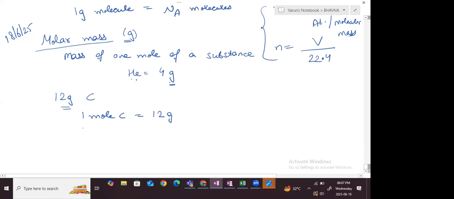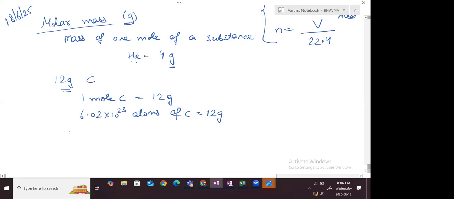Or I can say that 6.02 into 10 to the power 23 atoms of carbon has a mass equal to 12 gram. Clear? So whenever I have to use molar mass, I will use the unit gram, and whenever I have to use atomic mass or molecular mass, I will use the unit U.